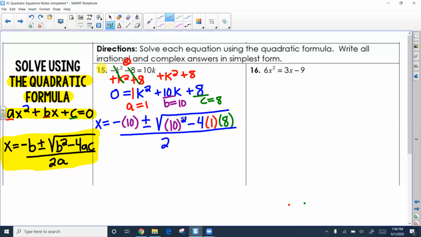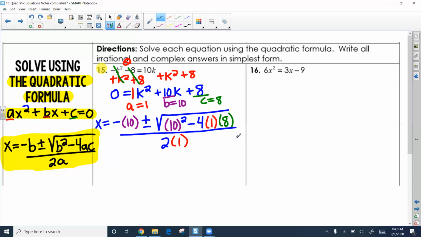So all over 2 times 1. All right, so that's what it looks like when we plug everything in. Notice we're just plugging in the numbers. So in this equation, everything that's in blue is just part of the equation. I plugged in the b in this place in purple. I plugged in the a in 2 places and then the c.